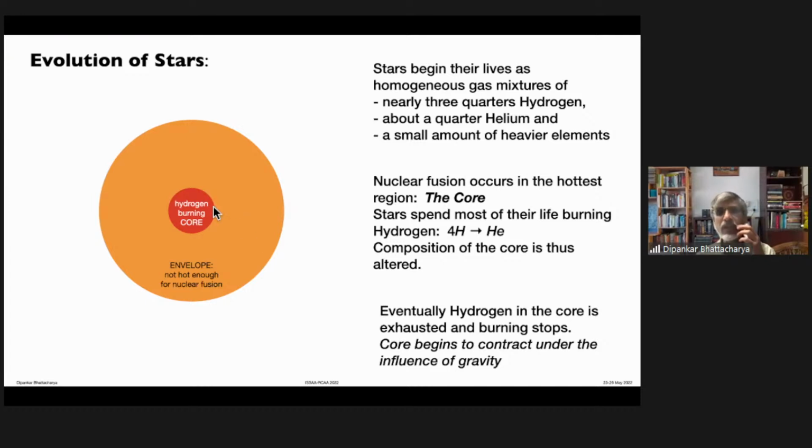Eventually, hydrogen in the core is exhausted and burning stops. Once the burning stops, you are back to the situation that you were in before nuclear burning started at all. So the core will now begin to contract under the influence of gravity.